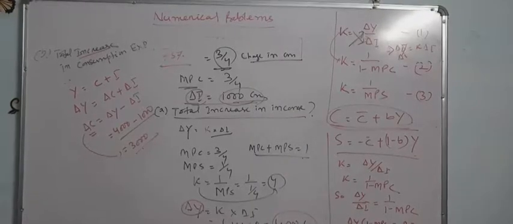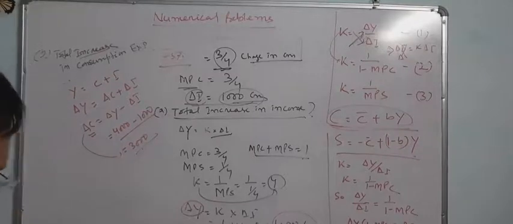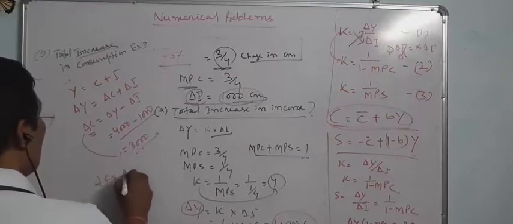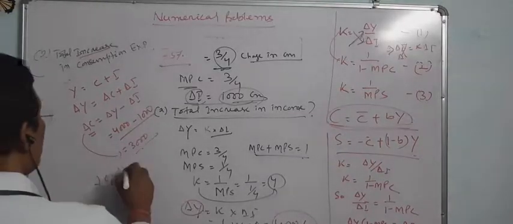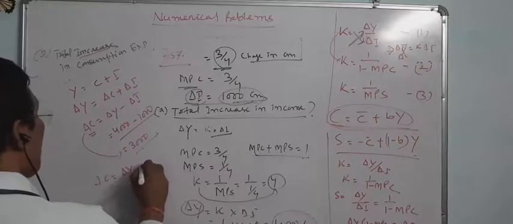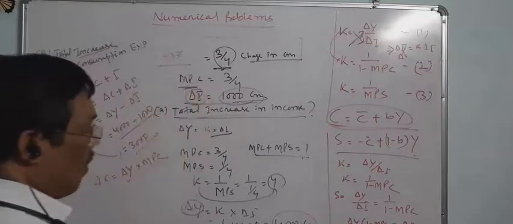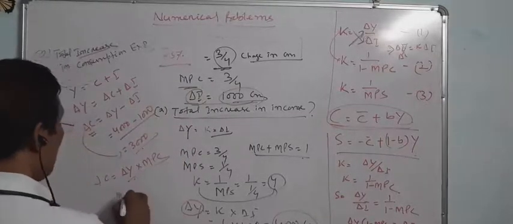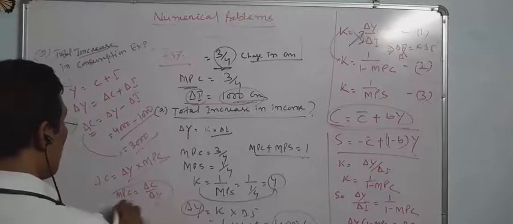An alternative formula we may use for calculation, because delta C equal to delta Y into MPC, because MPC equal to delta C upon delta Y. We have already known this formula.